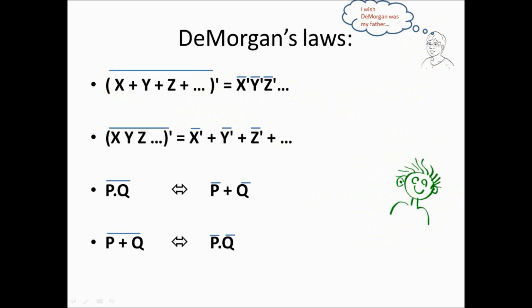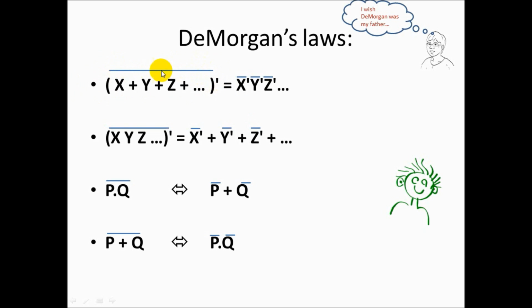He's Mike. This chappie here, x plus y plus z, or x or y or z, we know that De Morgan invented this inversion bar. It means to invert it, and this is exactly the same as saying, and please note, annotation of a little apostrophe means the bar.